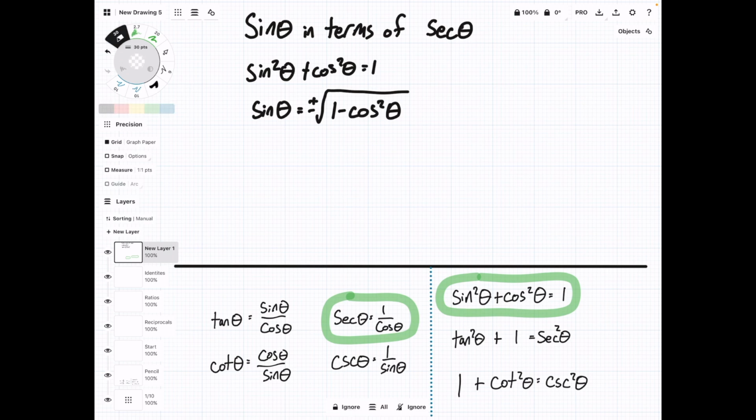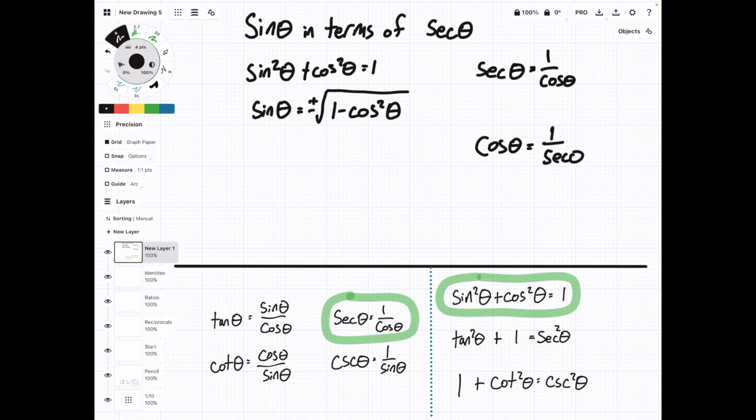And then we're going to bring up secant theta, and we're going to solve this for cosine. So cosine theta is equal to 1 over secant theta. Okay, so now that we have this term, we want to plug it in to this equation over here.